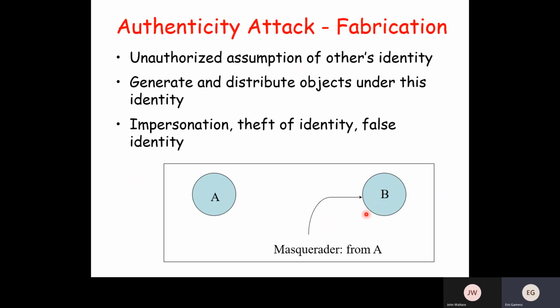So Bob has the impression that it's Alice that is sending the information, but at the end, it's not Alice. So of course, Trudy is using an identity that she stole. It's a fake identity because she pretends to be Alice when she is not, no? So it's an impersonation attack.